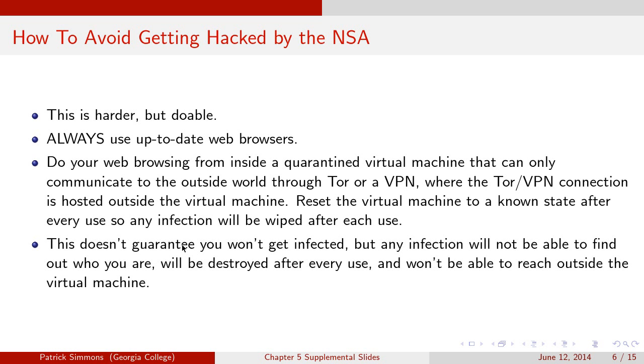Before I go any further with this, I want to mention also the FBI does this too. And large criminal organizations do this too. So this is not just how to avoid getting hacked by the NSA, it's how to avoid getting hacked by a government, like a foreign government.